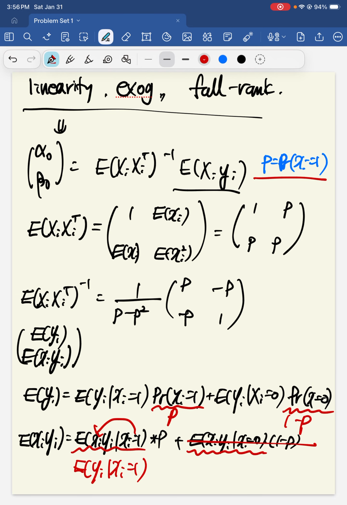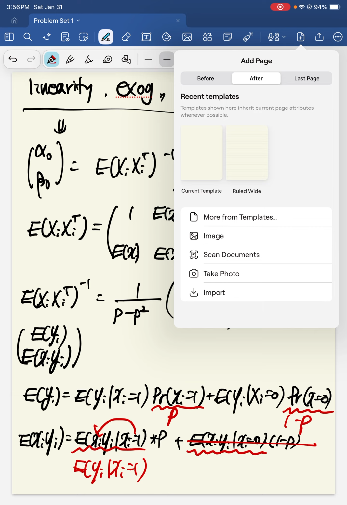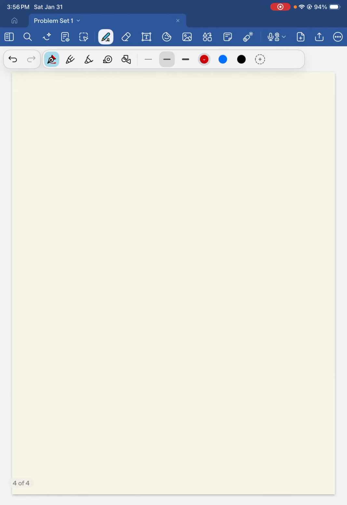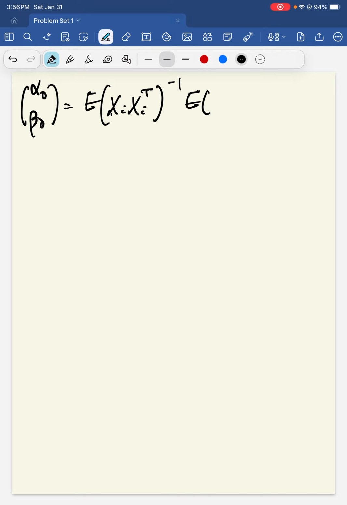What we just saw is that alpha 0 and beta 0 can be written as the inverse of expectation of x_i x_i transpose times expectation of x_i y_i, with P minus P squared in the denominator.